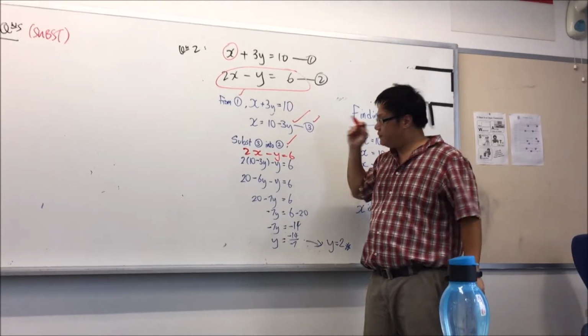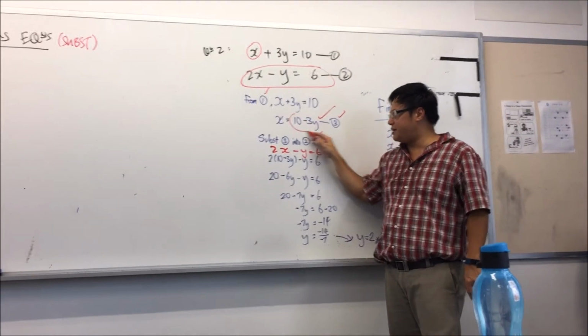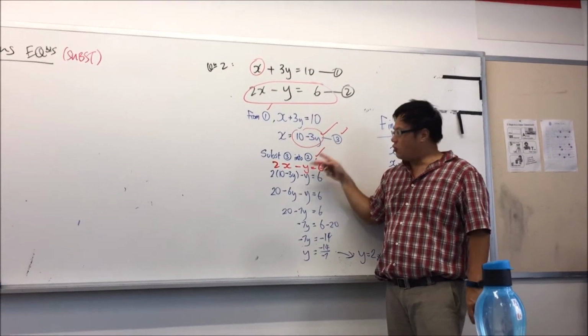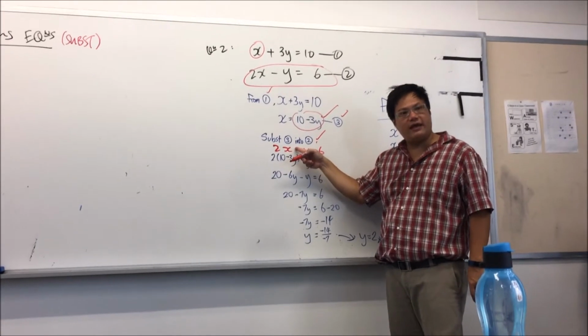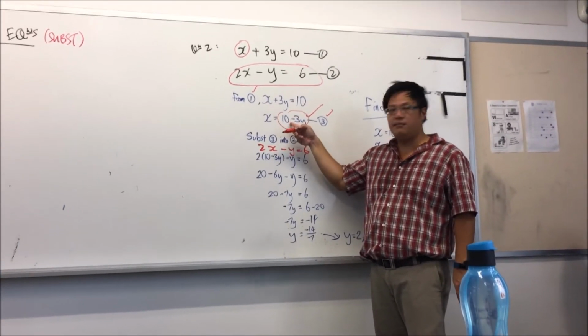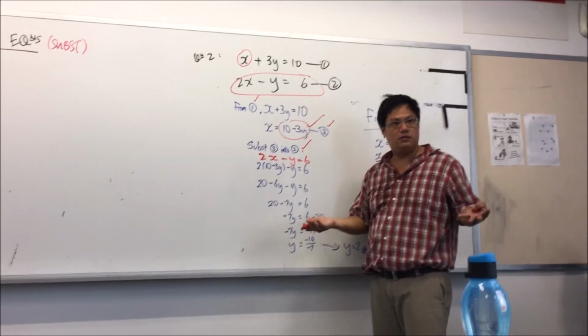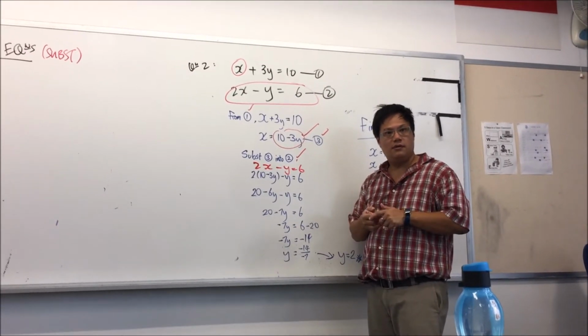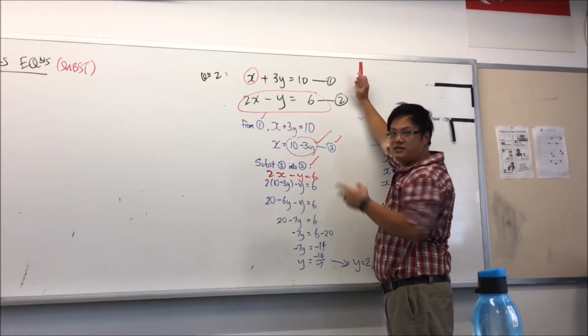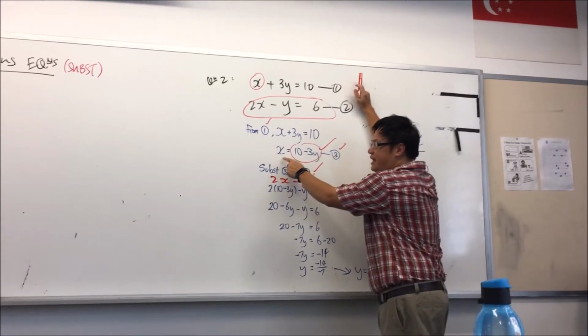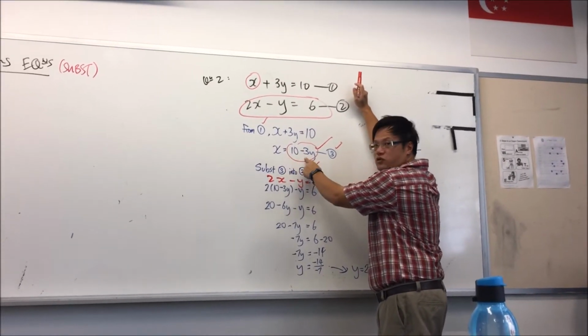Watch the magic. Do you see that x is equals to 10 minus 3y? So over here, instead of writing x, what do you write? 10 minus 3y. Because what is equation 3, my dear? Equation 3 is x equals to 10 minus 3y, correct?